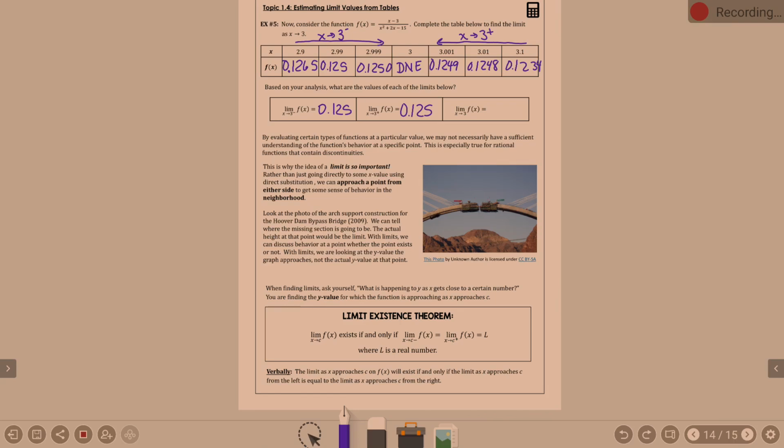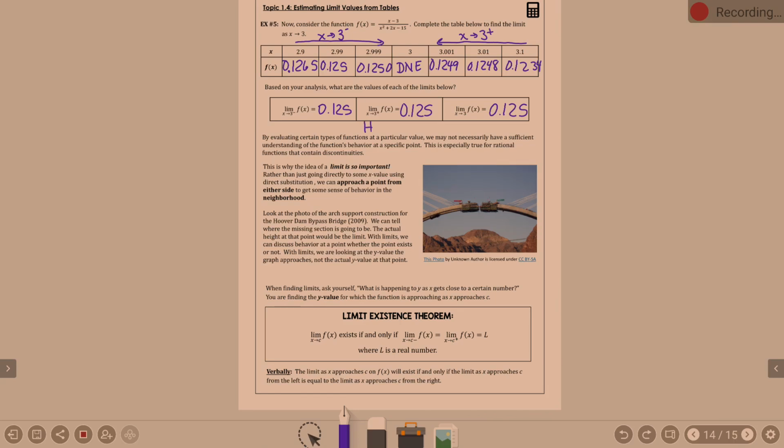Okay, so if the limit from the left is 0.125, the limit from the right is 0.125, what's the limit as x approaches 3? 0.125. So that's how you can use tables, is you can look at those different values there. Now, I don't know if you figured this out or not, but what's going to be at this graph? There's a hole at this point.